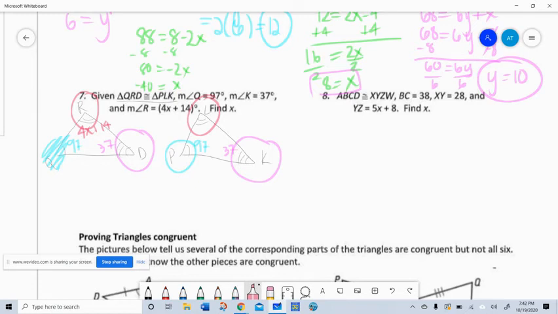And there are several different ways that we could mess around with that. But basically, the thing that we know is that all of these angles have to add up to 180 degrees, right? And so we know that, for instance, these three over here add up to 180. 4x plus 14 plus 97 plus 37 has to equal 180.